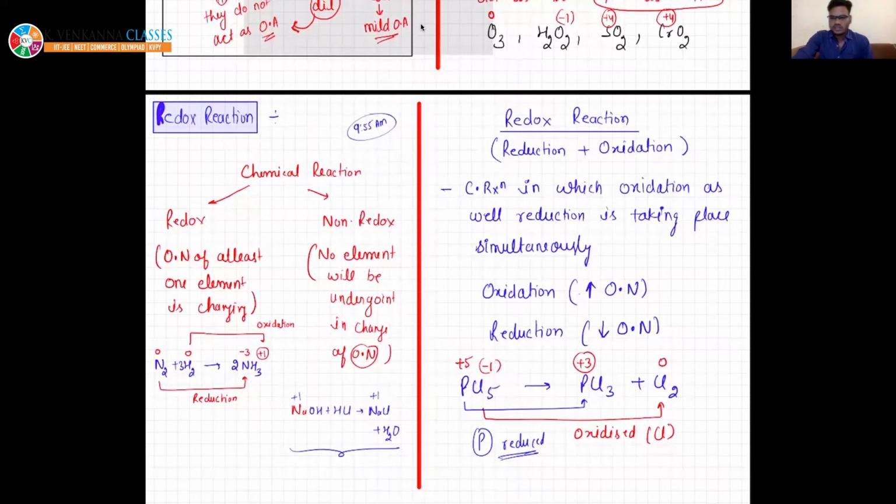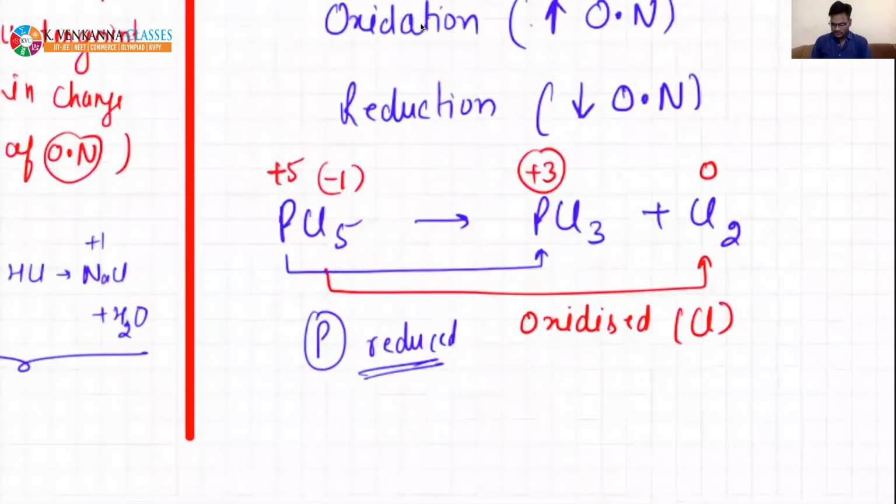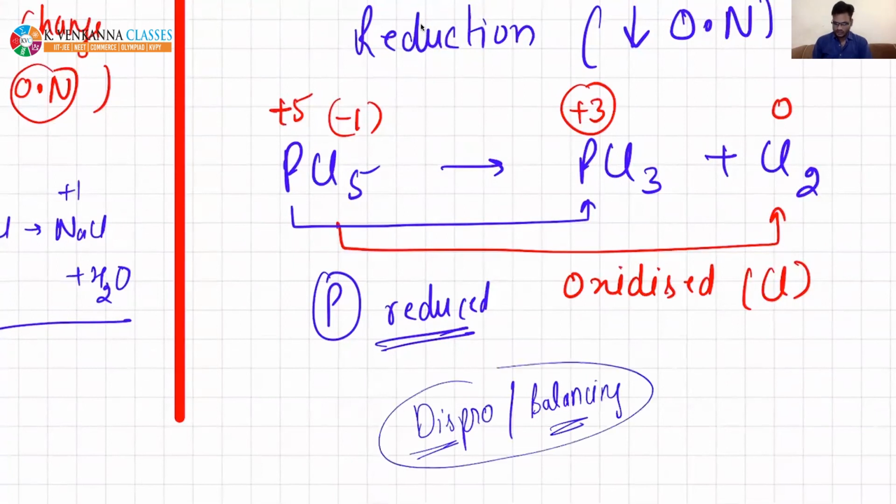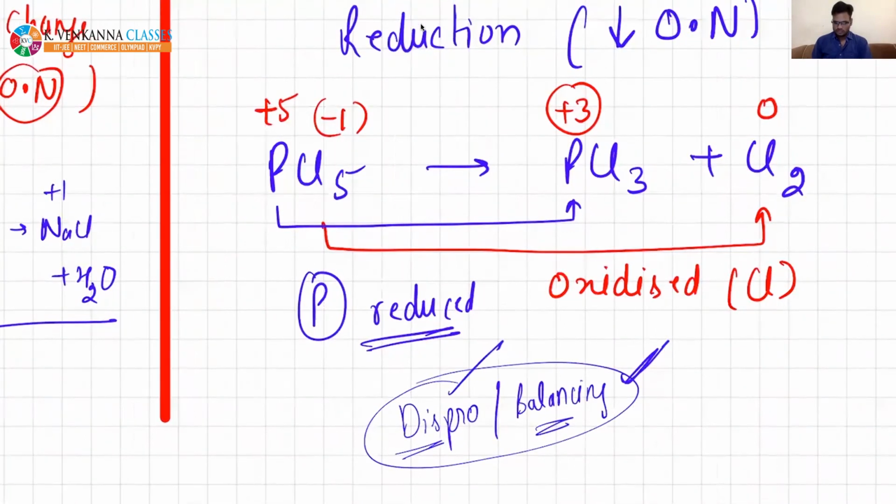Or you can also read the NCERT chapter on redox reactions. In the next class we will understand disproportionation, and if time allows, the basics of balancing of redox reactions. These are two very important things: balancing and disproportionation.